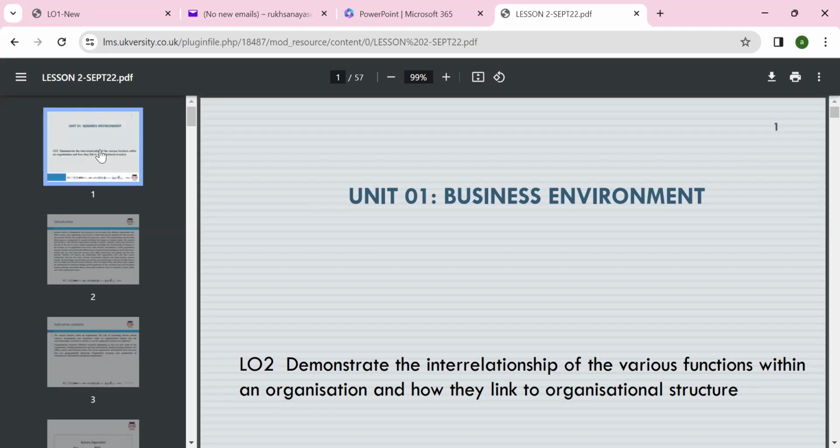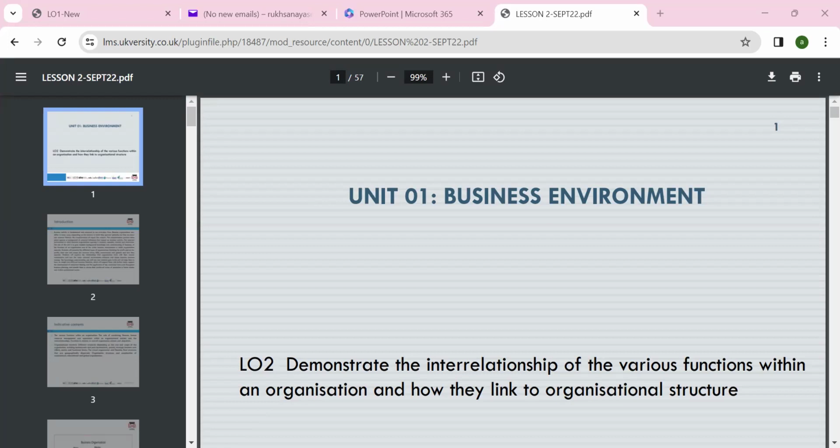Key models were RBV, the resource-based view, and VRIO: value, rarity, inimitability, and organization, which we discussed. Then we discussed competencies and capabilities, and strategy.